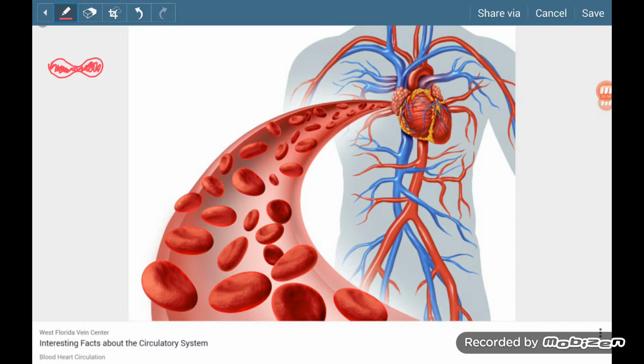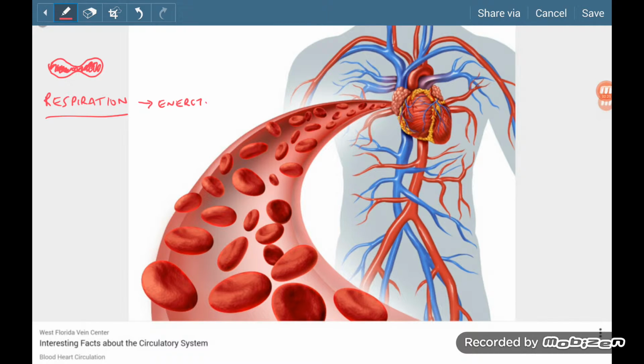circulatory system. They pick up oxygen in the lungs, they then deliver it to the tissues, which are, and this is a key point here, respiring. The whole purpose of the circulatory system is to deliver oxygen and glucose to respiring cells, which give energy.